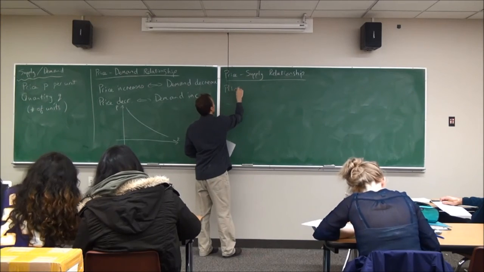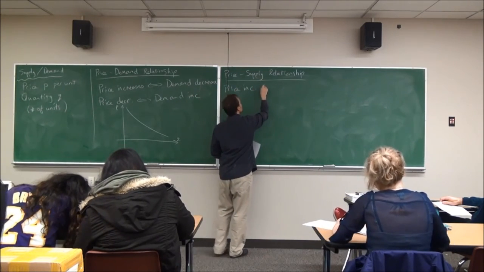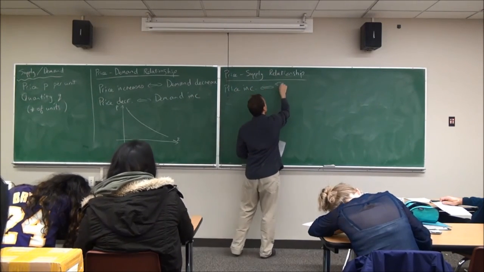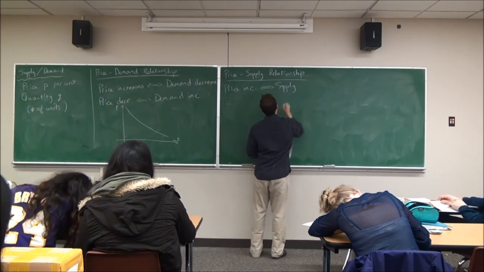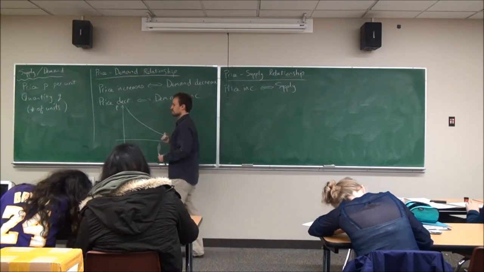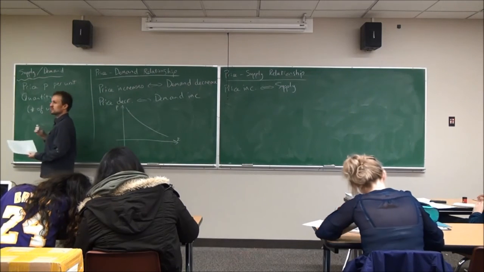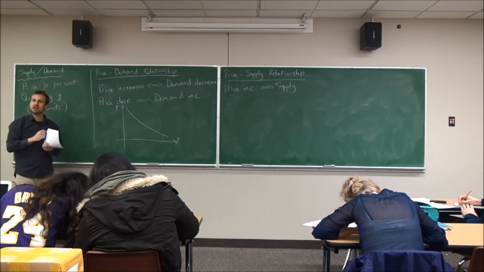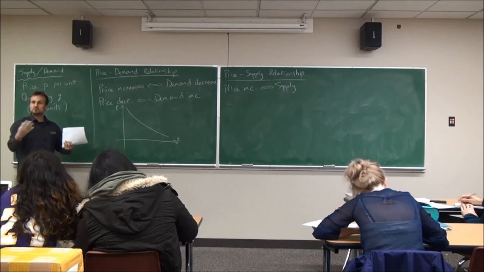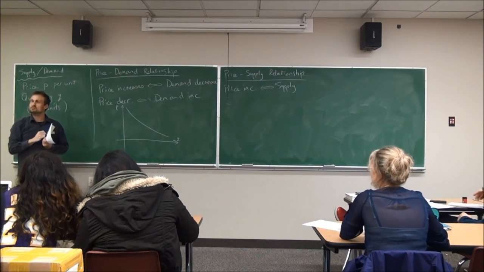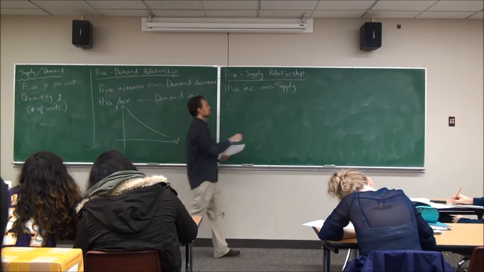If the price increases, what happens to the supply? If I somehow manage, it's Halloween, to sell pumpkins at a high price, the farms are going to want to give me their pumpkins. So my supply is going to go up.